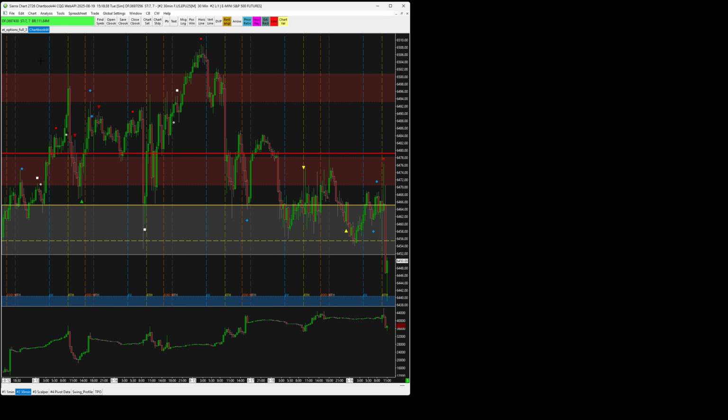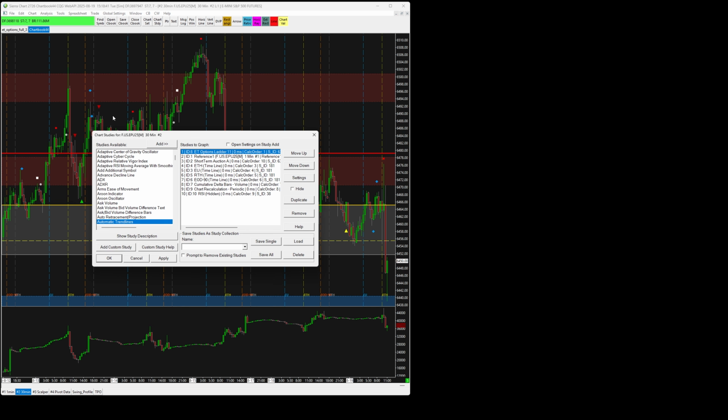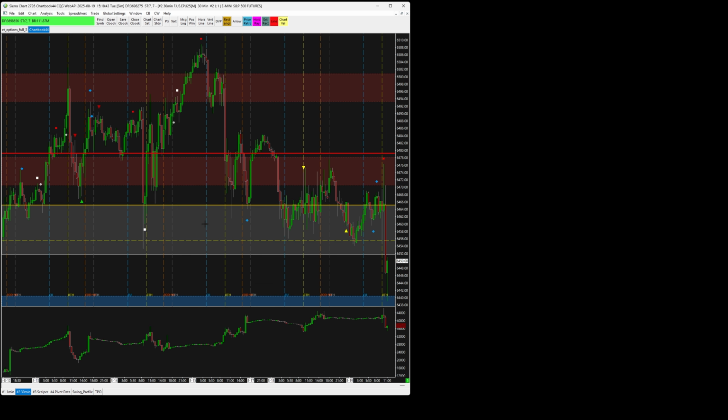The levels that you see here are from the options package, so this is not part of STA, but I have it on this chart just to see what's going on with options on my Sierra, where I don't have to use the terminal to view the levels. We have some cumulative delta here, but the most important are these symbols.